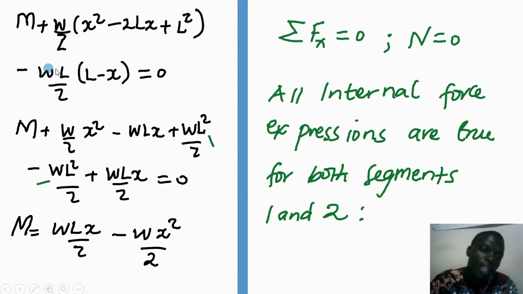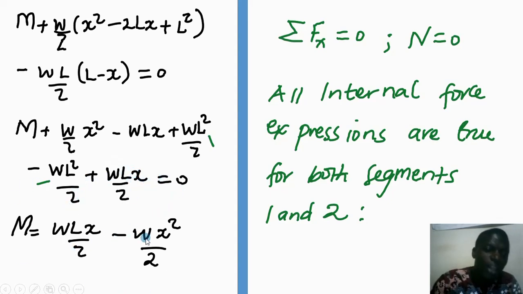Therefore, we shall have minus WL out of 2 into L minus X, and this is equal to 0. Then when I open my brackets here, I'll have M plus W out of 2 X squared minus WLX plus WL squared out of 2 minus WL squared out of 2 plus WLX out of 2.